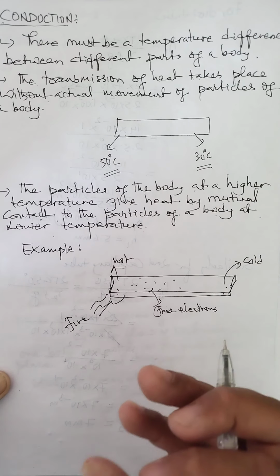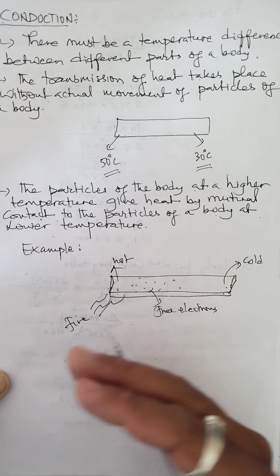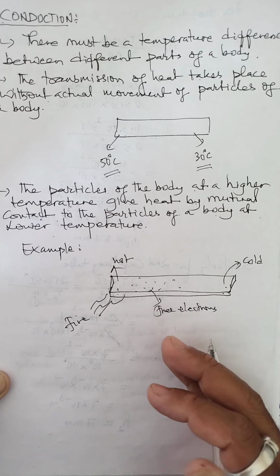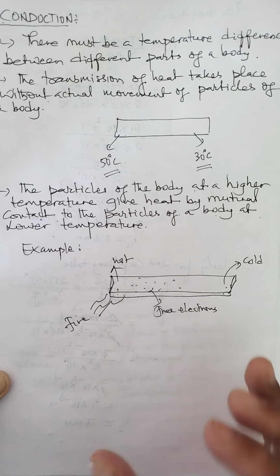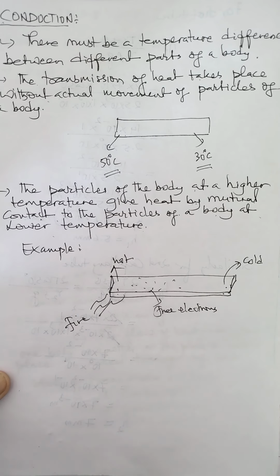One free electron collides with other free electrons, so they transfer kinetic energy to them. Thus the transmission of heat energy in metal takes place by what? Free electrons. So children, remember this part: how the transmission of heat takes place in metal.